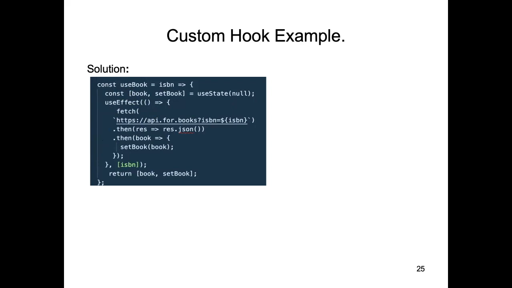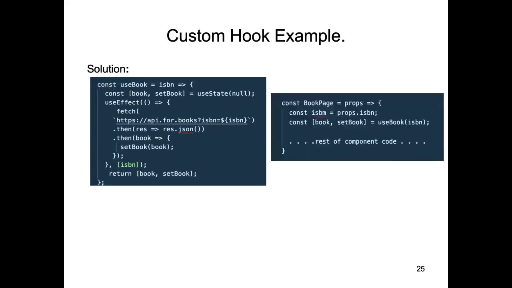And in terms of using this custom hook, it looks like what you're seeing on the right. Now, the parameter for my hook function is up to you to decide, but it would make sense that the ISBN number would be a sensible parameter for my particular custom hook.